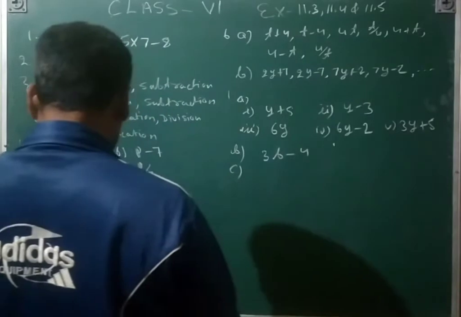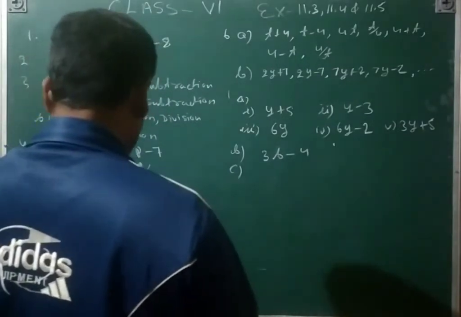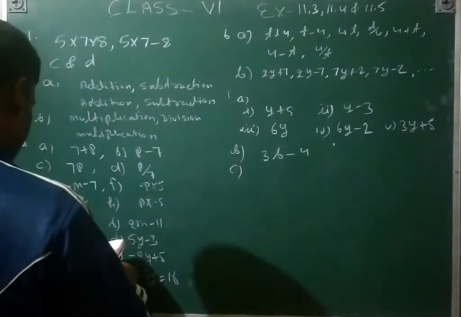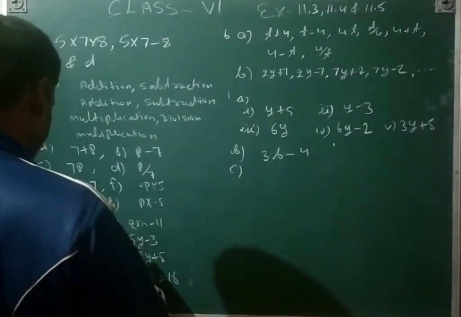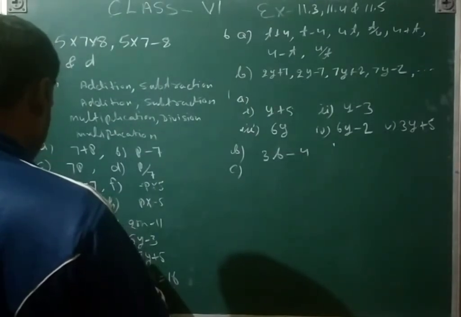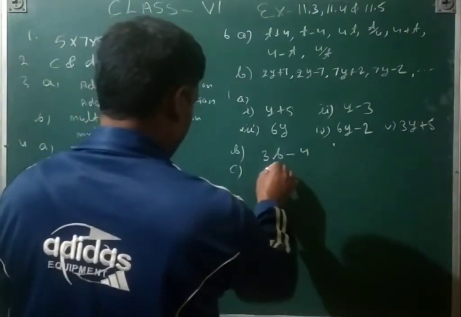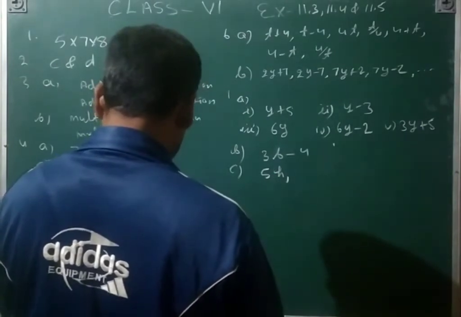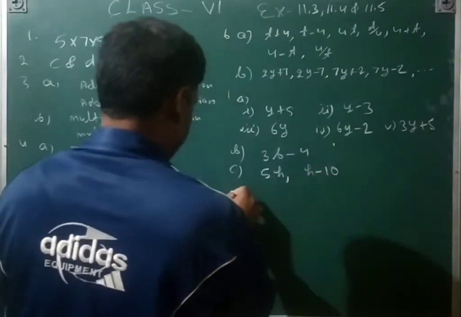C part, a rectangular box has height h centimeters, its length is 5 times the height and breadth is 10 centimeters less than the length. Express the length and the breadth of the box. The length is 5 times the height, so 5h, and then the breadth is 10 less, so h minus 10.